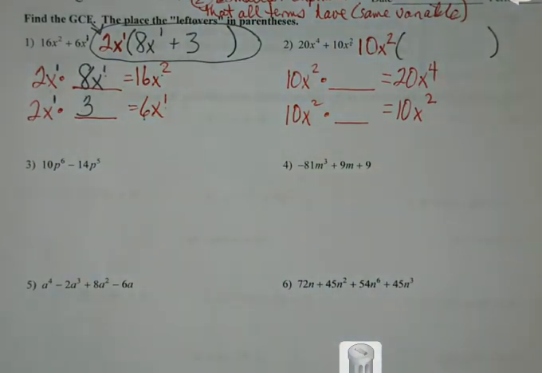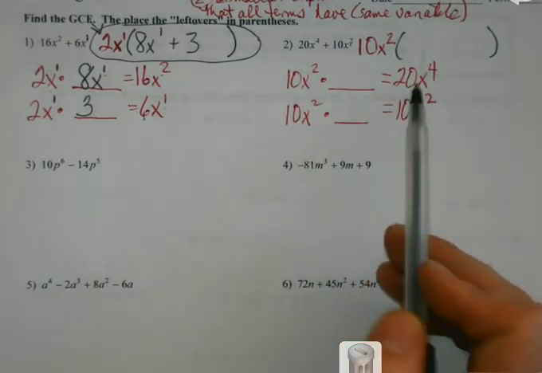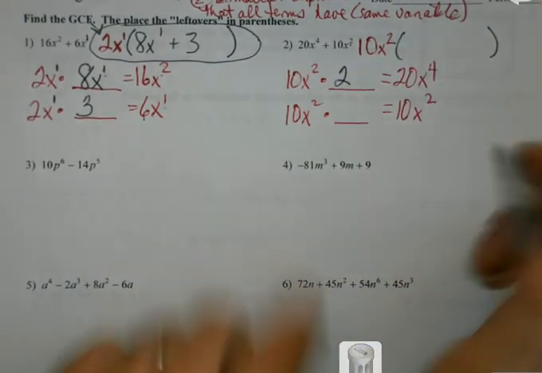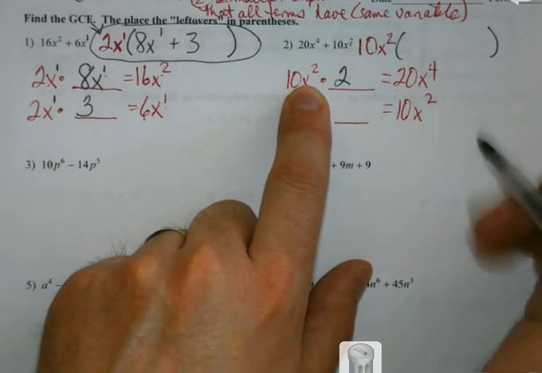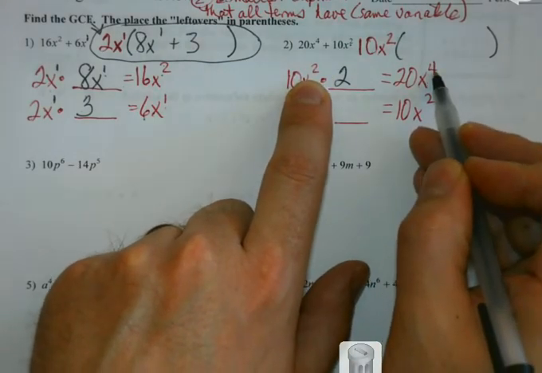If I'm not sure, I can always use the calculator even. If I didn't know 10 times what gets me to 20, I could always do 20 divided by 10 and I'd get the same answer, which in this case is 2. If I have 2 x's, that's what x squared just means, x times x. If I have 2 and I need 4, how many more do I need? 2.